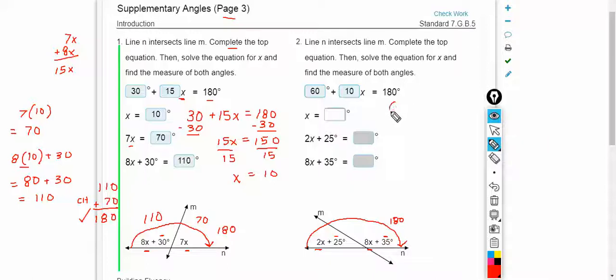So we have 60 plus 10x equals 180. I'm going to subtract 60 from both sides. That cancels, leaving me 10x equals 120. Divide by 10. That gives me x equals 12.